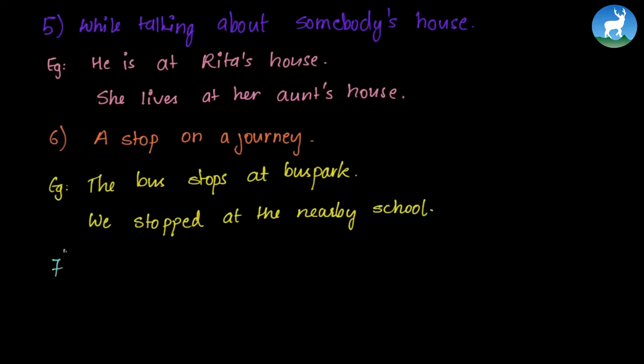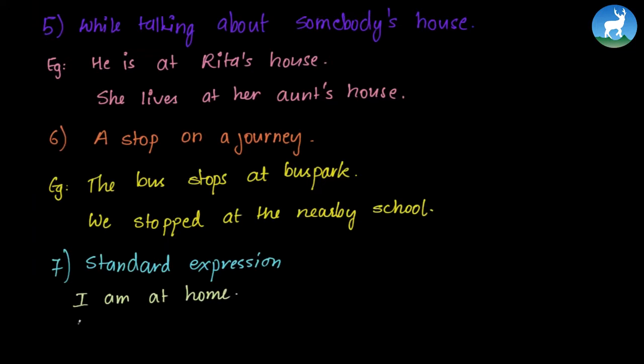Also, at can be used for some standard expressions. For example, I am at home or I am at work. Notice that we do not use the while using the regular descriptions.